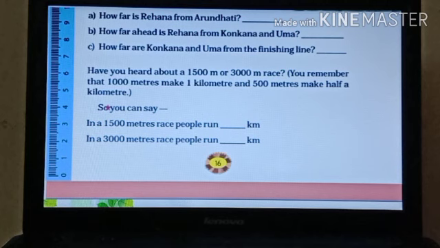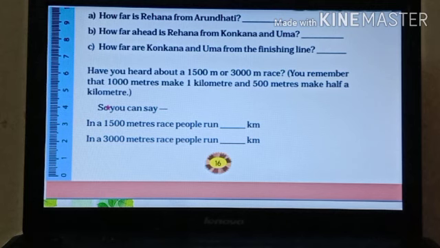We already learned at the start of the video, 1000 meters will make 1 kilometer. So in a 1500 meter race, people run dash kilometer. 1500 means 1000 meter plus 500 meter. So 1000 meter is equal to 1 kilometer and 500 meter. So we can write 1.5 kilometer.